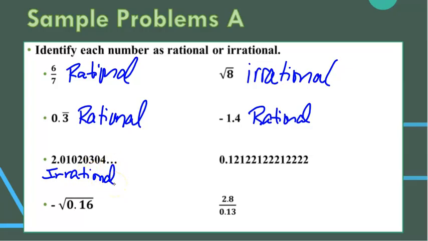Now the next one, we have 0.12122122222, and because this comes to an end just like that, because there's no ellipsis at the end, this would be rational.